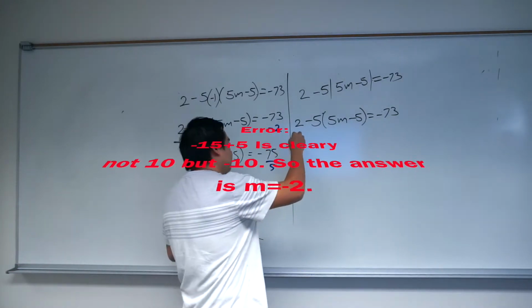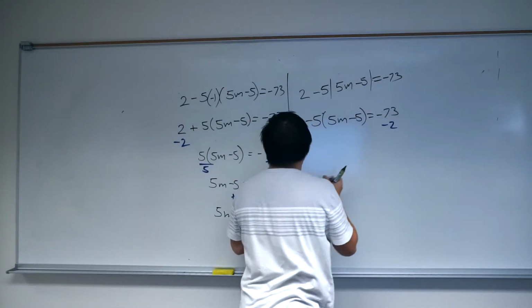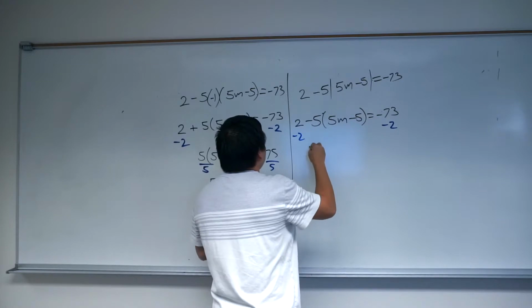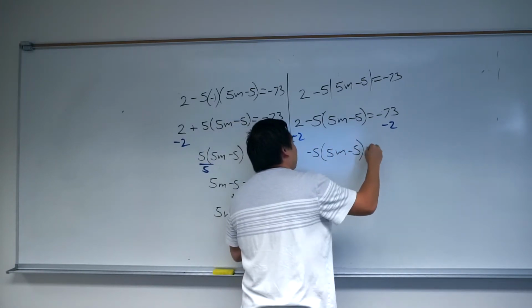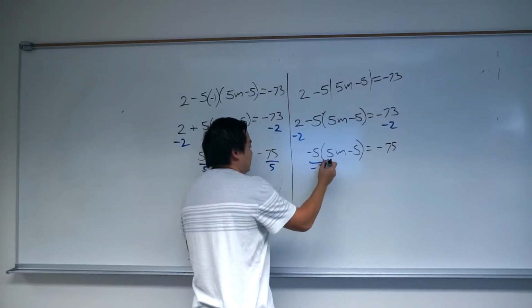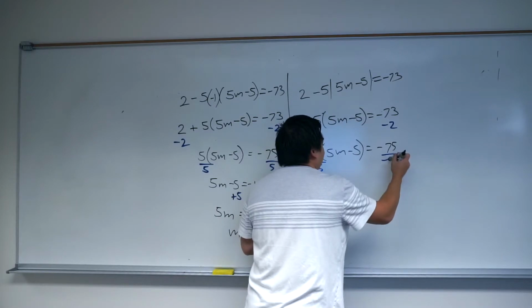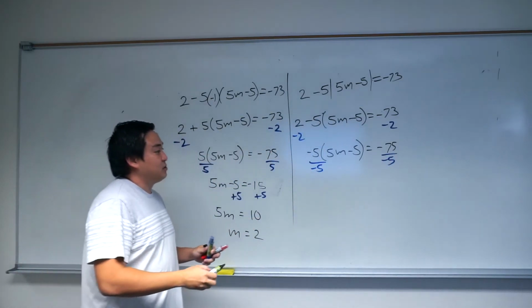And similarly for this one, subtract 2. So we get negative 5 times 5m minus 5 is equal to negative 75. Notice now in this problem, what we're going to do is divide by the minus 5 instead of a positive 5 because it didn't cancel in this case.